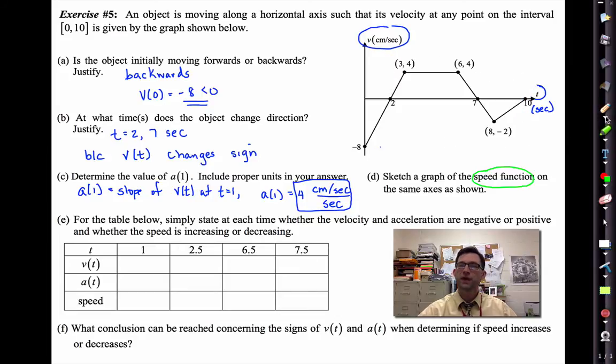All right, let's graph some speed. Well, we know that speed is the absolute value of velocity. So, whenever velocity is negative, speed is positive, right? So like when velocity was that -8, speed must have been 8.